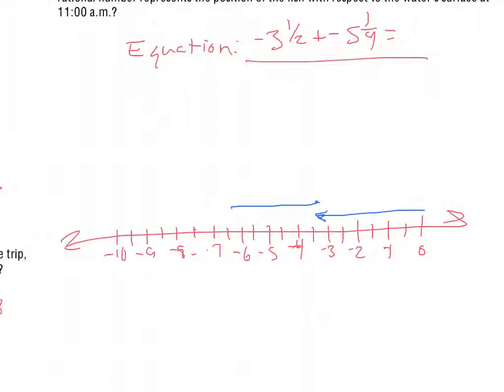Alright, so I was at 1, 2, 3, 4, 5, and 1/4. So that's going to take me just a little bit further, but not all the way through. It's going to land me here between my negative 8 1/2 and my negative 9. So it was an additional 1/4 in that negative direction. So that's going to be negative 8 3/4.